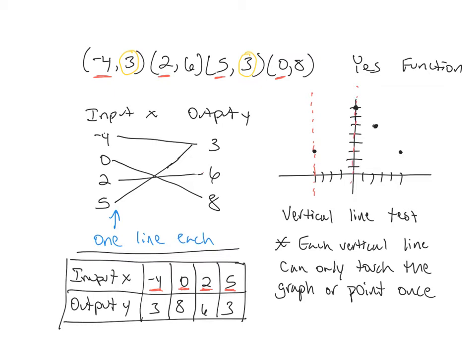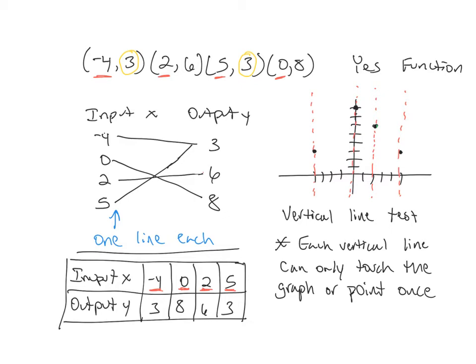There's the vertical line and I touch the point once. There's a vertical line. So I only touched each point one time. Okay, so if there was like another point right here, the green one, well now this vertical line touches 2 points. And that would make it a no. Okay, so each one only touches one time, or one point, or one part of the graph.